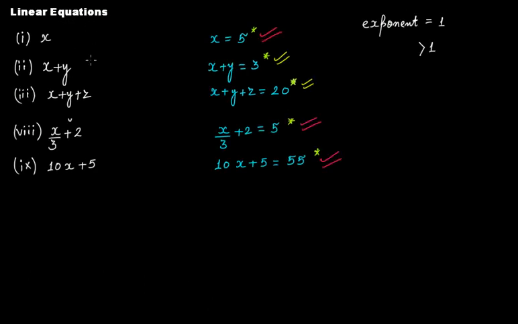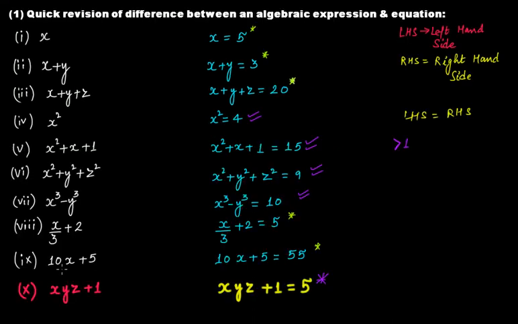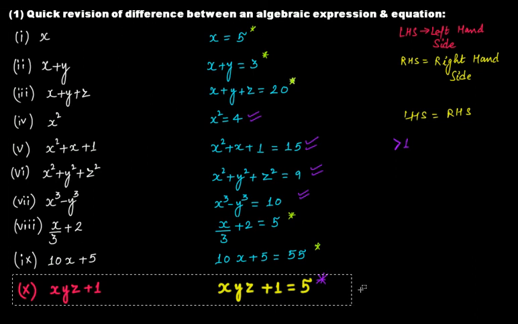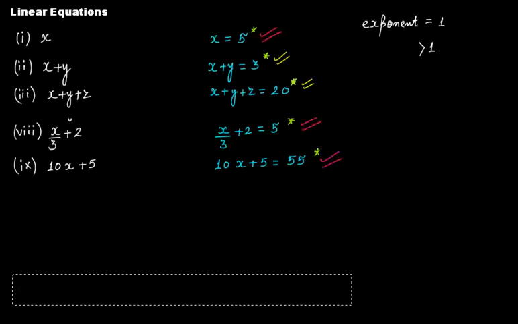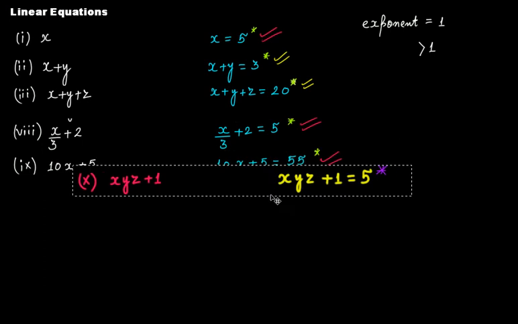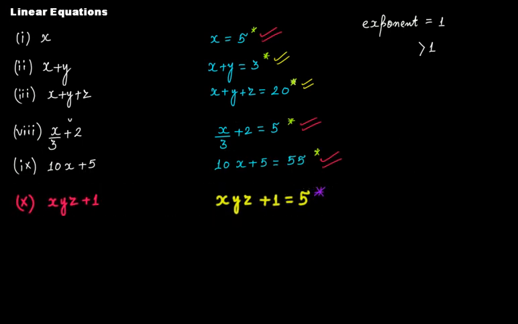Now if you remember, we said that in a linear equation, the exponent of the variables should be equal to 1. Let me copy this one here. I'm copying it here. Okay. So we have discussed that in linear equations the exponent should be equal to 1 and it should not be greater than 1.